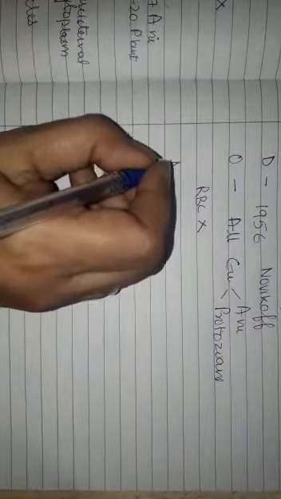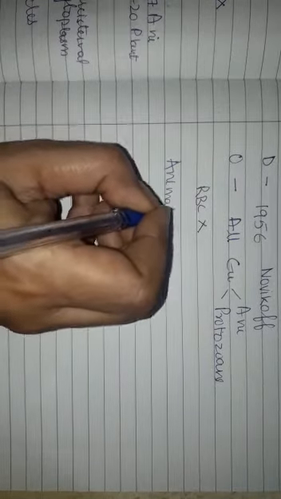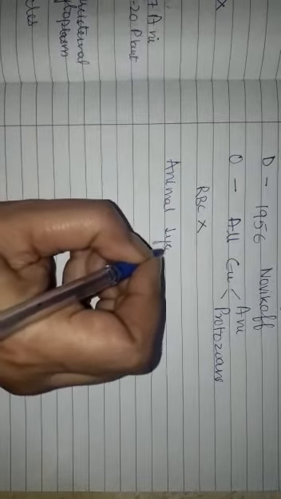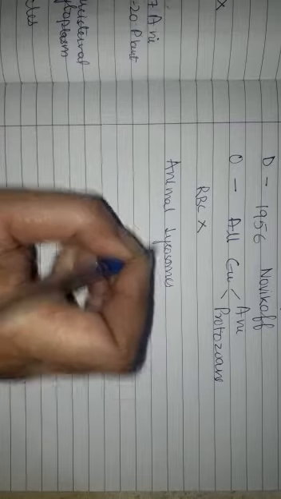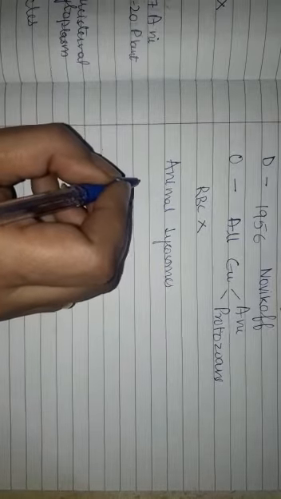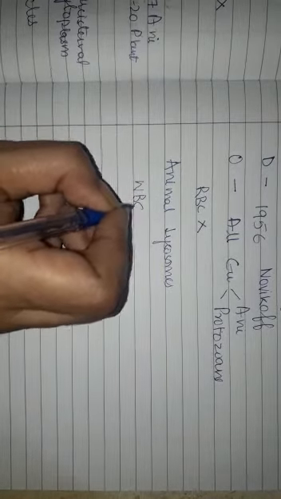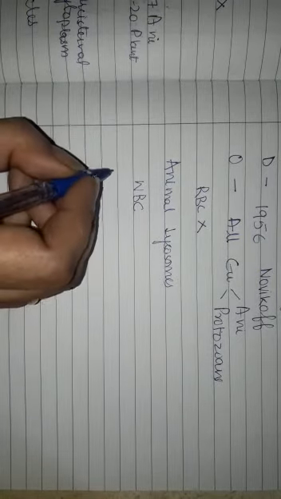Let us discuss animal lysosomes. The number of animal lysosomes is abundant in WBCs. What is their morphology or the structure?